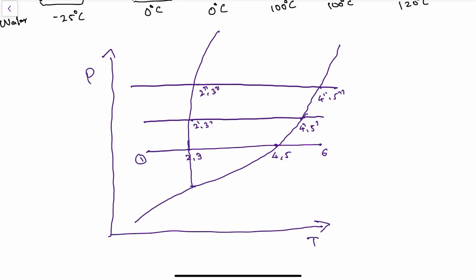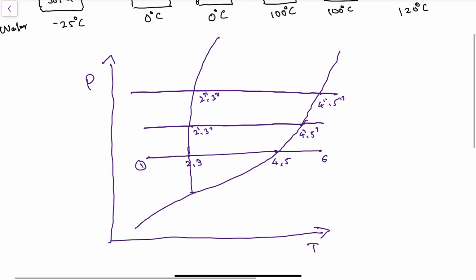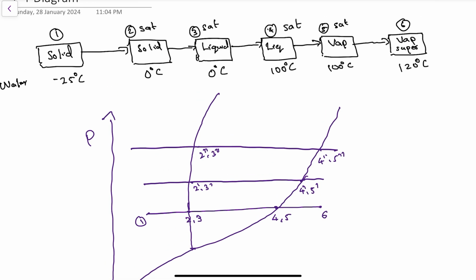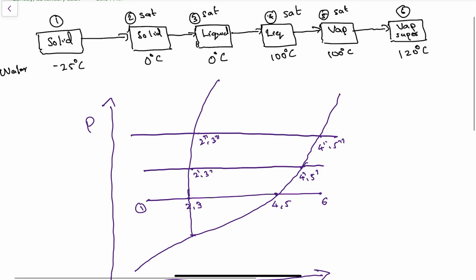So this is not for water. Water has a small change. Why are we getting a curve like this? Let us take 4, 5 and 4 dash 5 dash. 4 to 5 is a phase change process that is happening at a particular pressure and temperature. If you increase the pressure, this will be at a higher pressure.